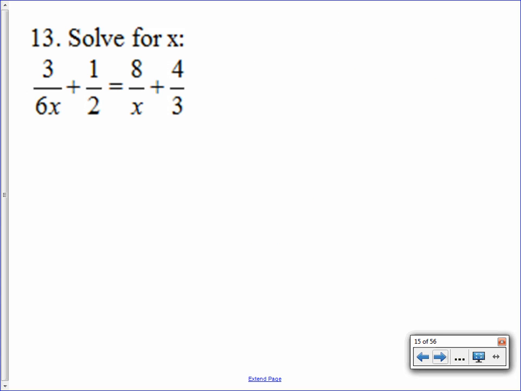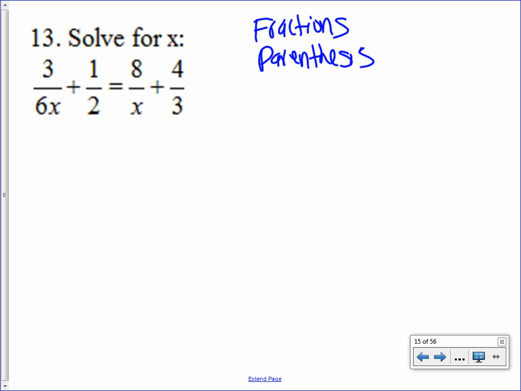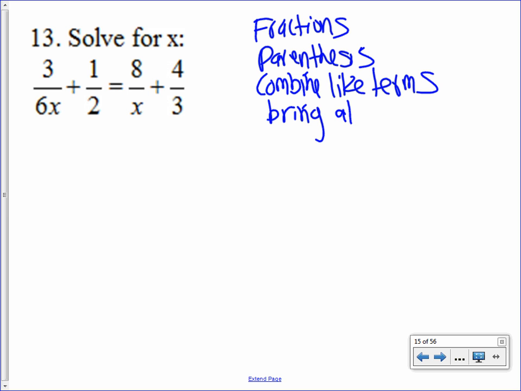Equation solving. We have our song: fractions, parentheses, combine like terms, bring all x to one side, isolate.